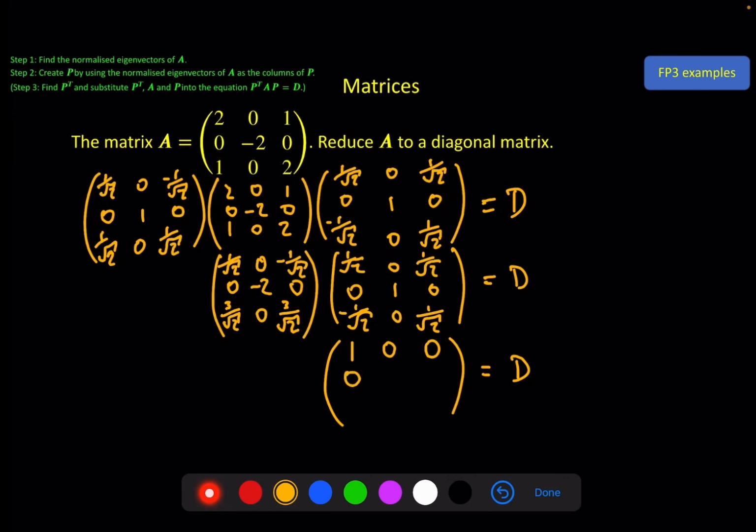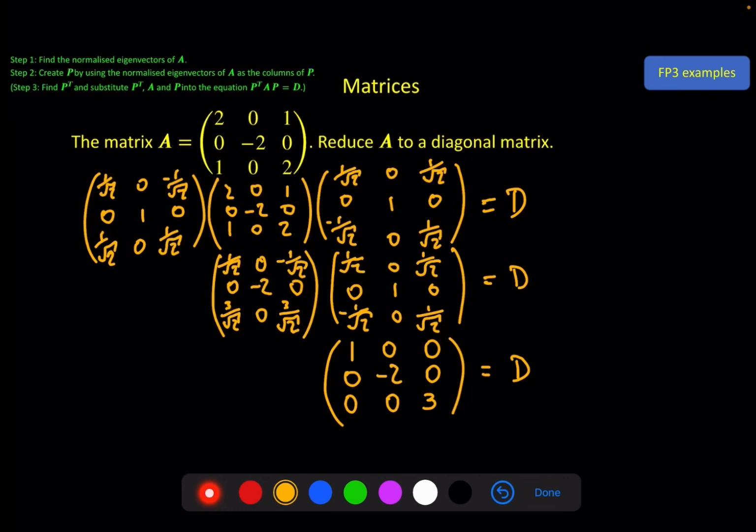Then we get 0 minus 2, 0. 0, 0, 0. 3 over 2, 0 minus 3 over 2. 0, 0, 0. And finally, 3 over 2, 0, 3 over 2, 6 over 2, 6 over 2 is 3.